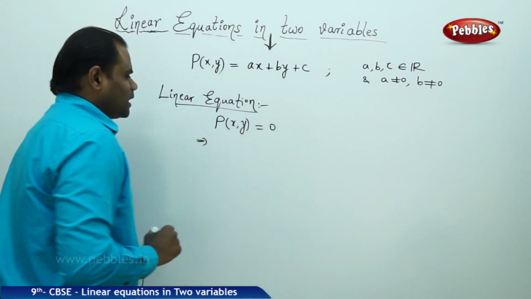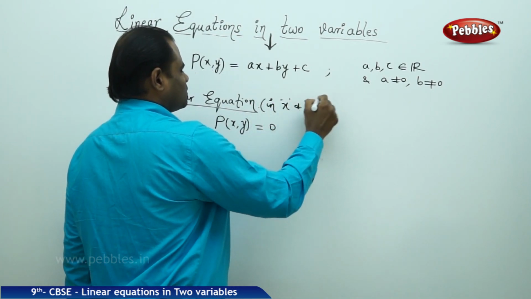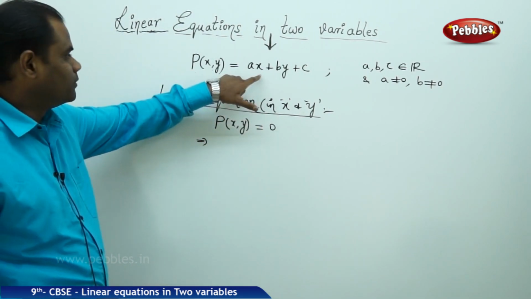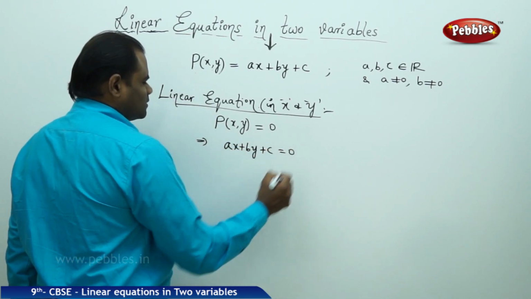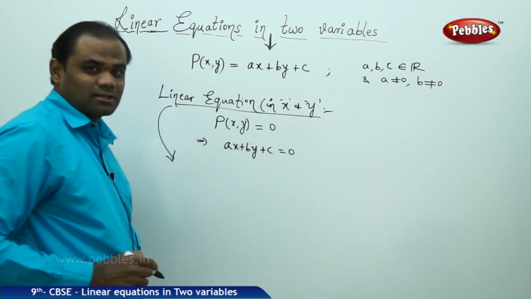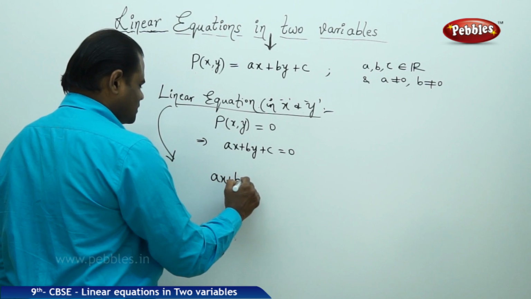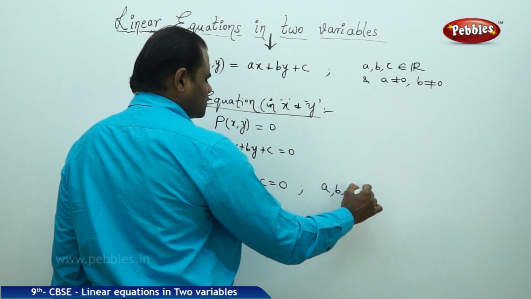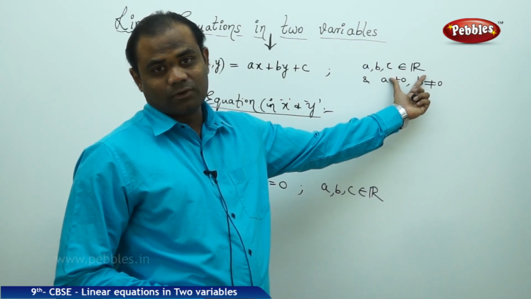That implies a linear equation in x and y is defined to be p of x comma y equal to 0, which is indirectly ax plus by plus c equal to 0. Therefore, a linear equation in x and y is finally concluded to be ax plus by plus c equal to 0, with a, b, c belonging to real numbers, with the same condition as that for the linear polynomial.